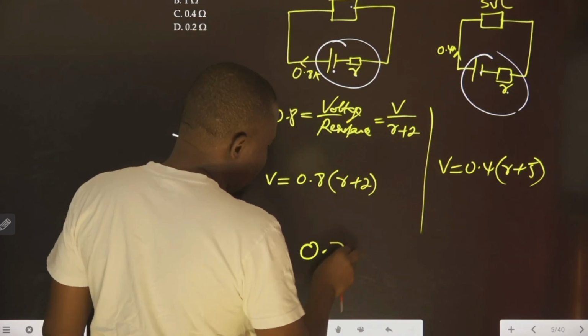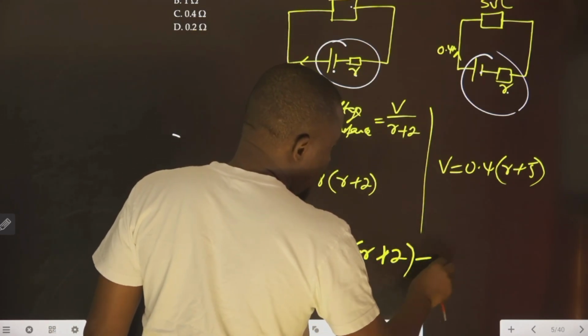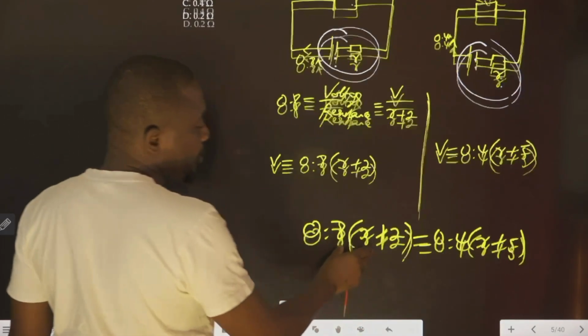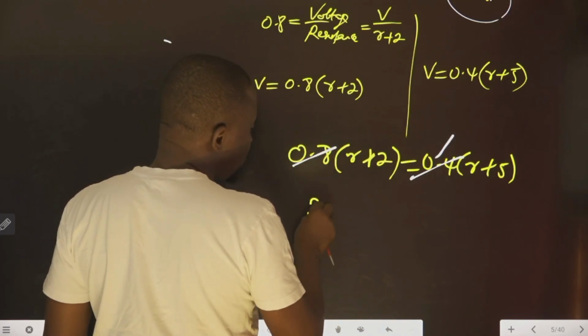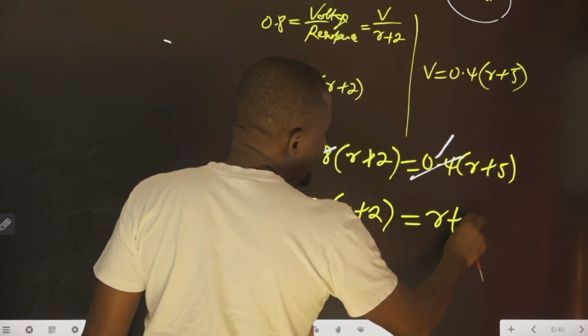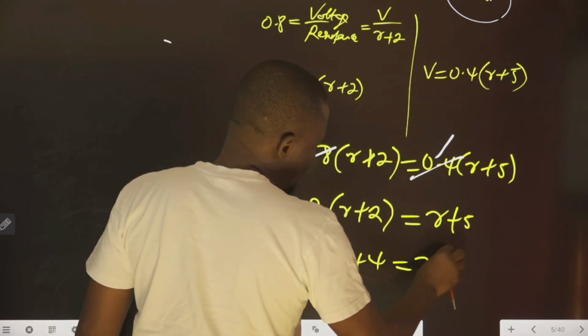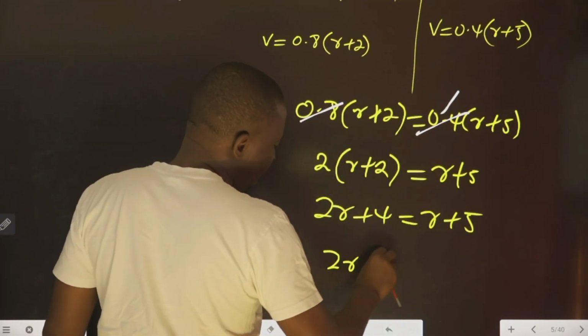That is 0.8(R plus 2) equals 0.4(R plus 5). Okay? So now, this here 1, this here, you agree with me, is 2. Remember, in exam condition, you don't do this because you are not meant to waste time like this. Because I have to explain, that is the reason why I am doing this.